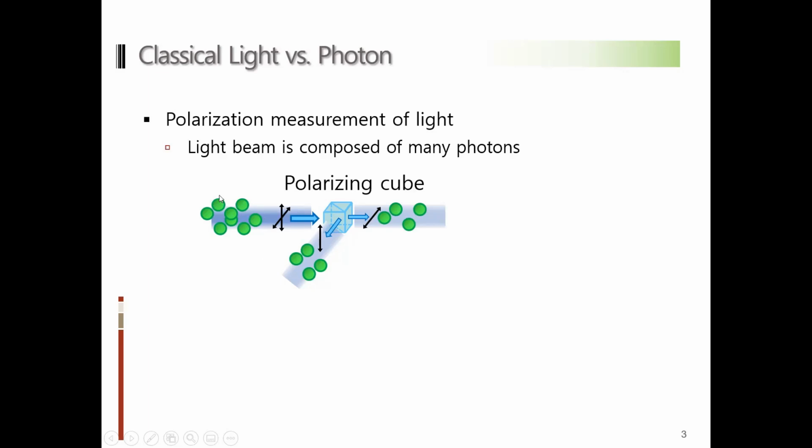So if we didn't have the picture of the photon, then the measurement result might be a little bit different.